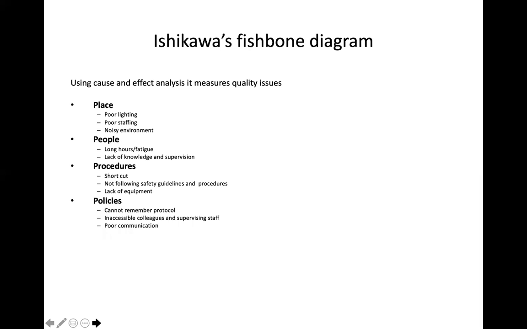I'm applying Ishikawa's fishbone diagram using cause and effect analysis. It measures quality issues which are place, people, procedure, and policies. Place: poor lighting, poor staffing, and noisy environment.